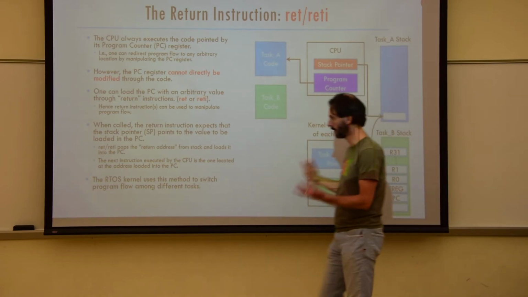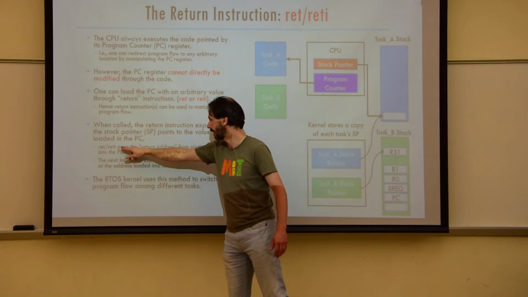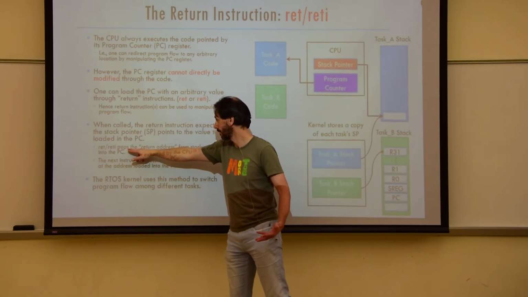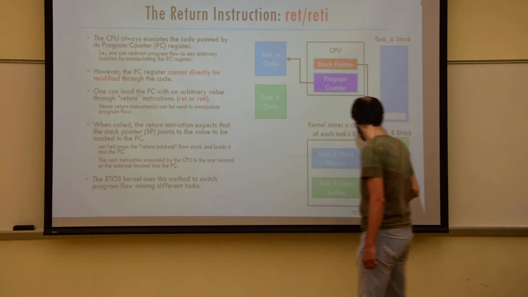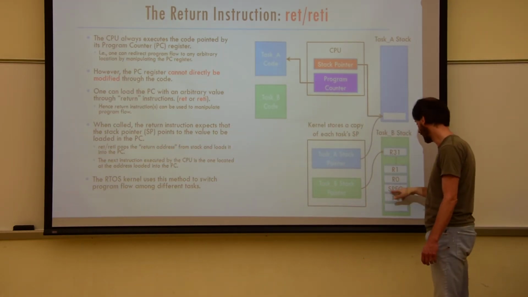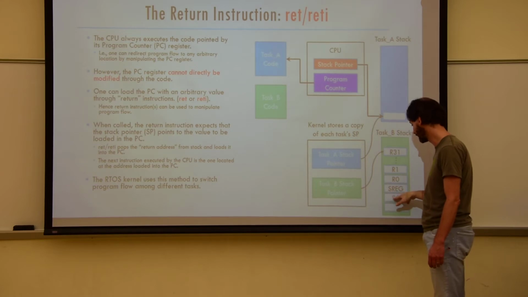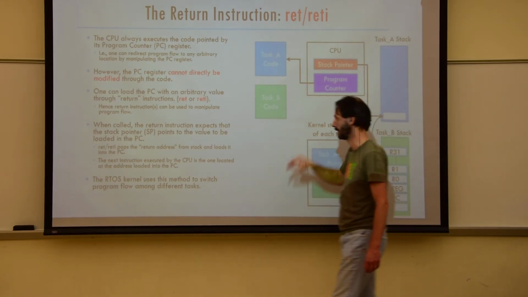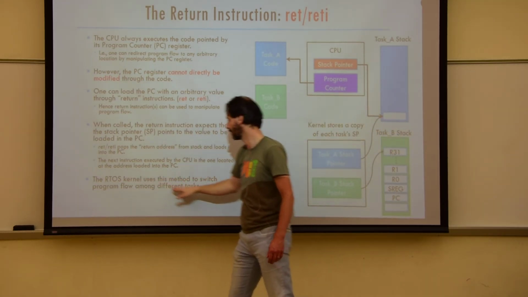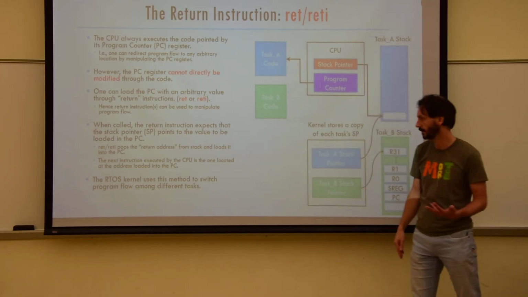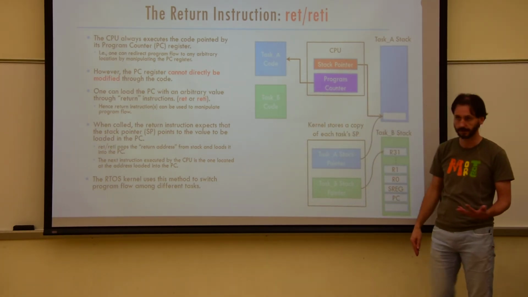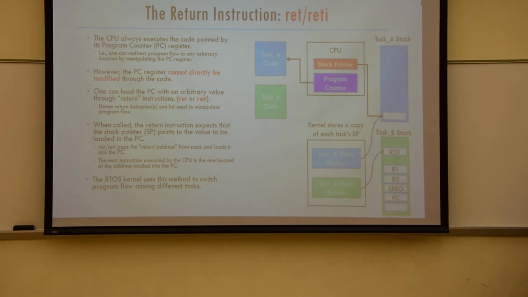And now if you are calling the RET or the RETI function, then it will put the value that the stack pointer is pointing at into the PC. So that is how the RTOS kernel uses this method to switch the program flow among the different tasks.